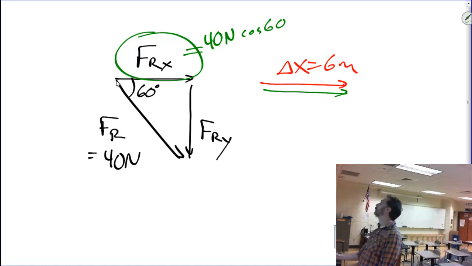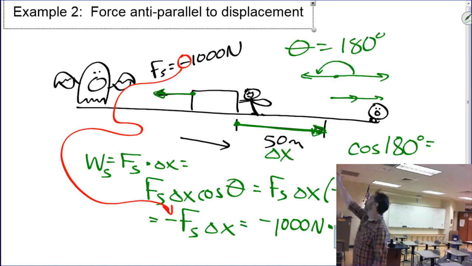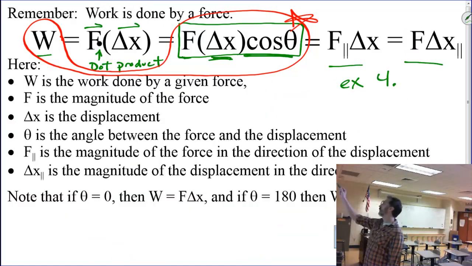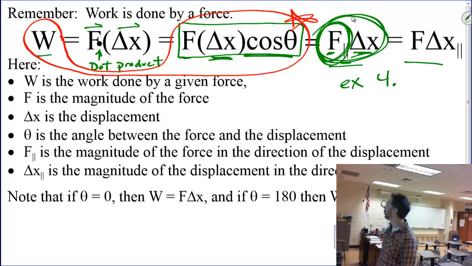What I said was, if you look back here, you can calculate work using F parallel times displacement. That's saying take the component of the force that's parallel to your displacement, and then multiply that by the displacement.